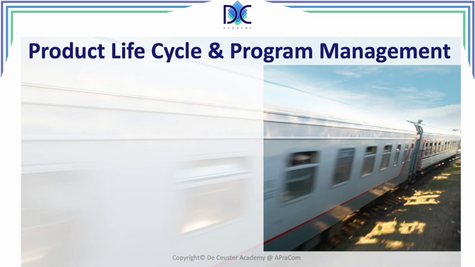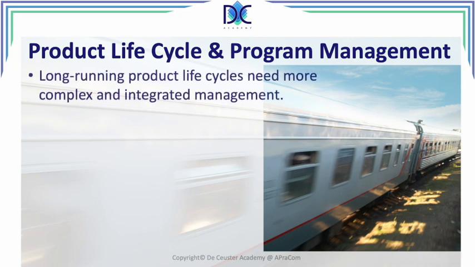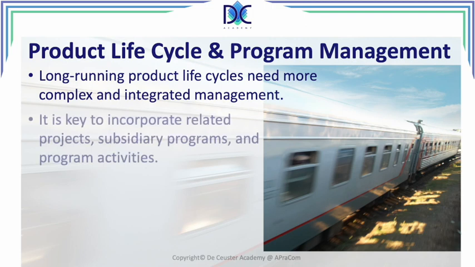When we look at the product life cycle and program management, we have to consider short and long-running product life cycles. The longer the product life cycle is, the more complex and integrated management we need. It is key to operate related projects, subsidiary programs, and program activities and bind them together into programs so that we have a combination, that we have a synergy with all the things we are doing.